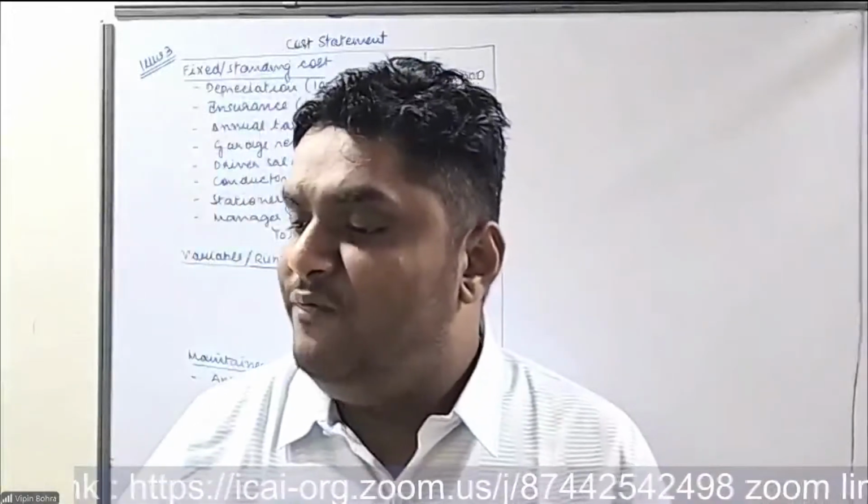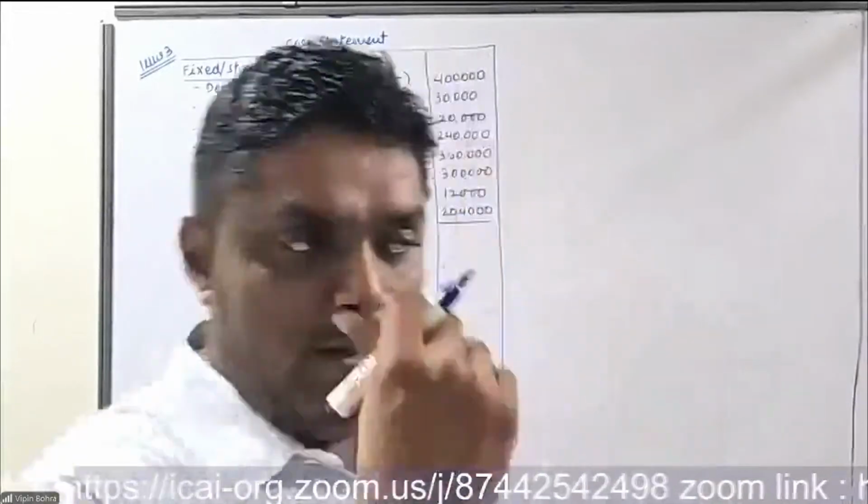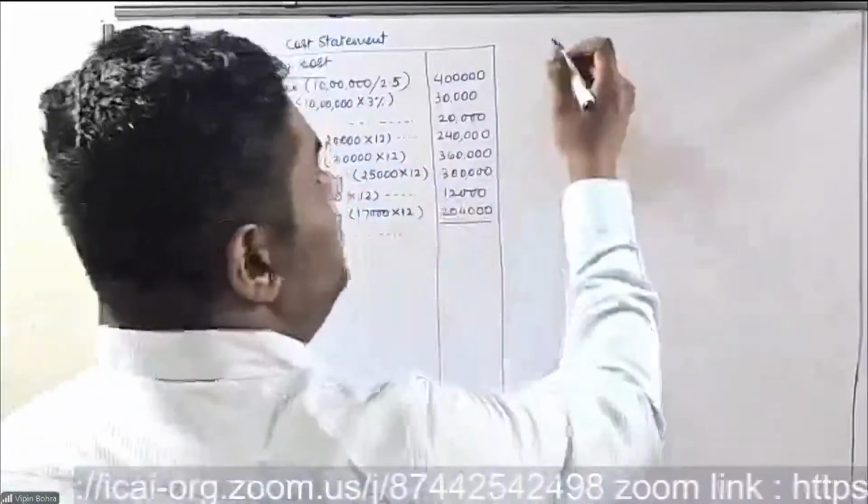See, petrol and oil will be 500 per 100 kilometers. So now we have to calculate the number of kilometers.